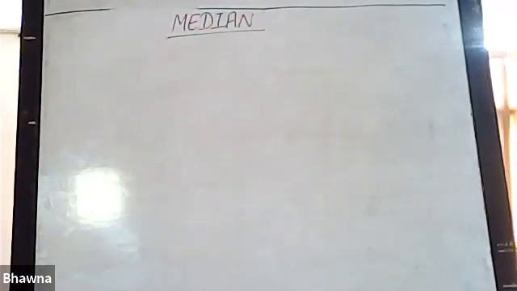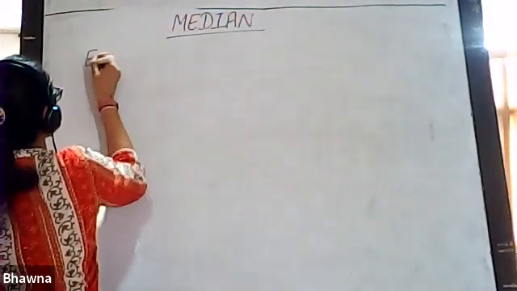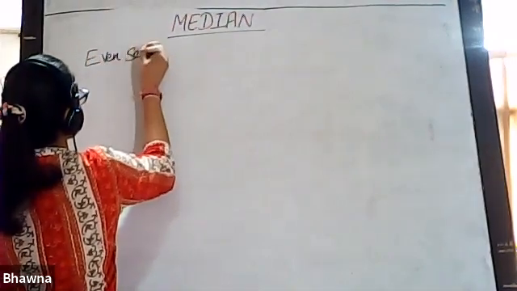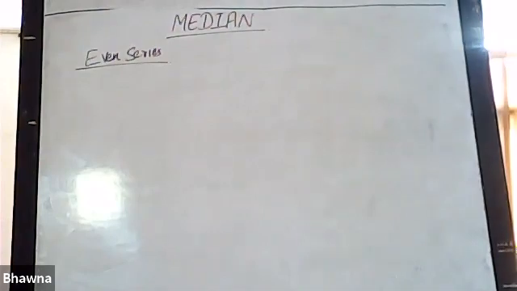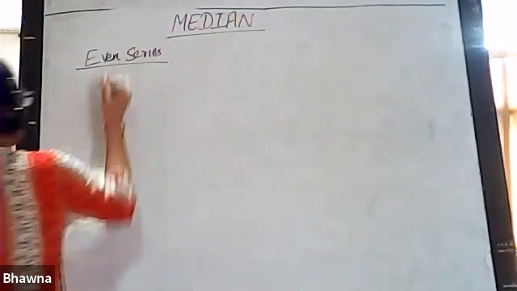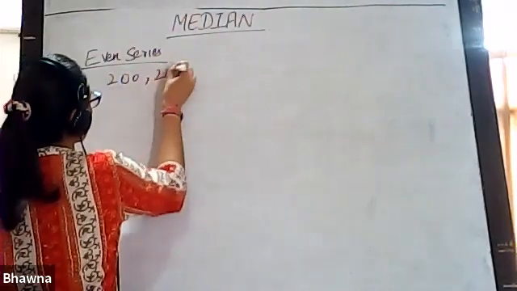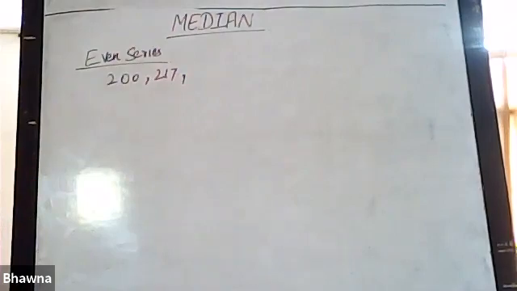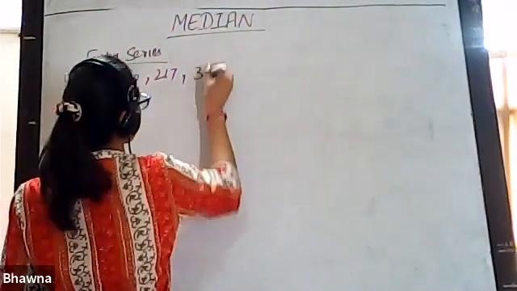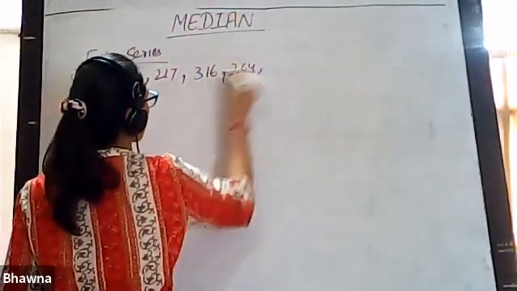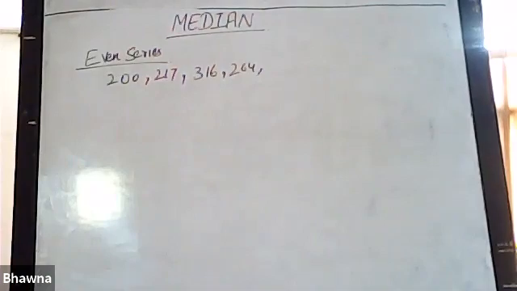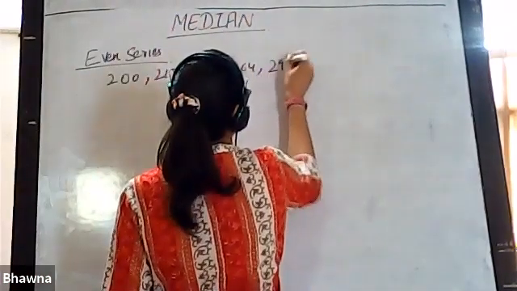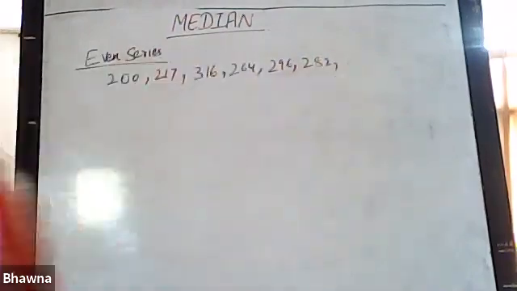Now we have to calculate the sum with even series. To calculate the median from the following data, the data are here: 200, 217, 316, 264, 296, 282 and 317.